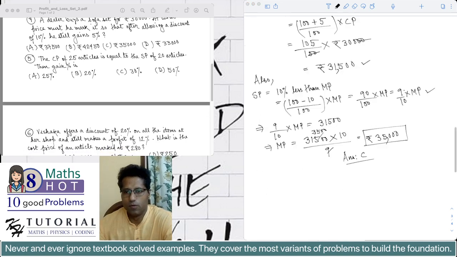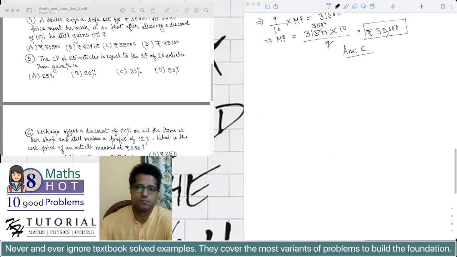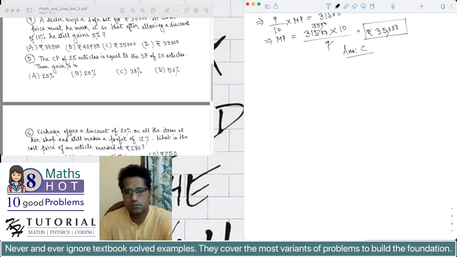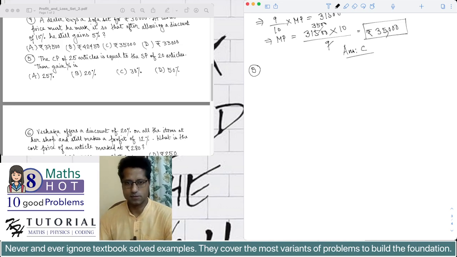Okay, let's do problem number 5. The cost price of 25 articles is equal to the selling price of 20 articles. Then gain percentage.